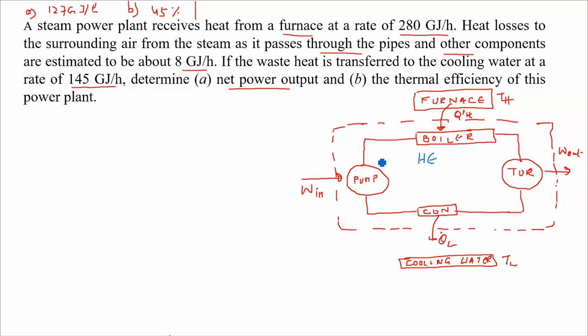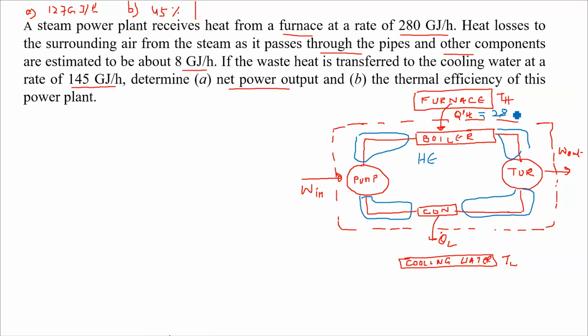Again, four components, and they are connected by the pipelines that I am highlighting with blue color. If you look at the statement, it says that the furnace is giving in the heat at a rate of 280 gigajoules per hour.